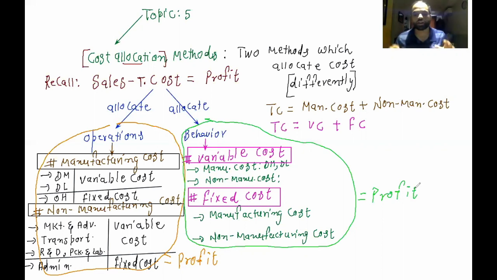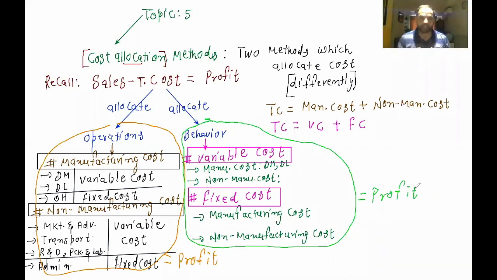So what you're going to do here, you will calculate profit when you apply this operations method, right? And you calculate profit when you apply this behavior method to calculate the cost, all right?